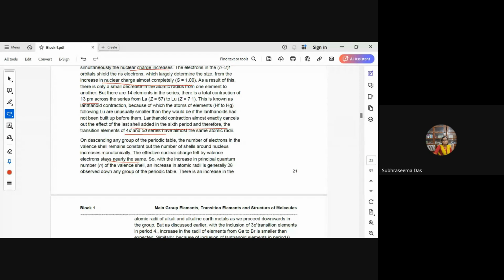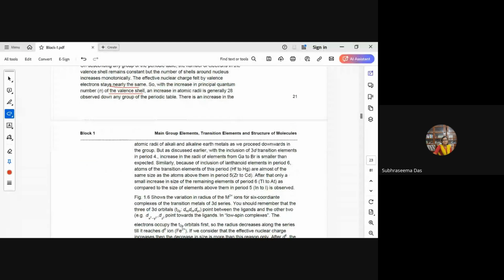With the increase in the n value of the valence shell, an increase in atomic radii is generally observed. This increase in the atomic radii of alkali and alkaline earth metals as we go down the group is well known. However, with the inclusion of 3d elements in period 4, the increase of radii in the elements from gallium to bromine is smaller than expected.